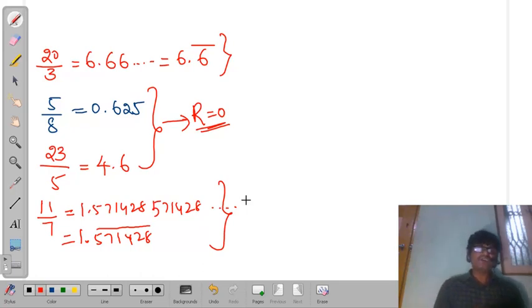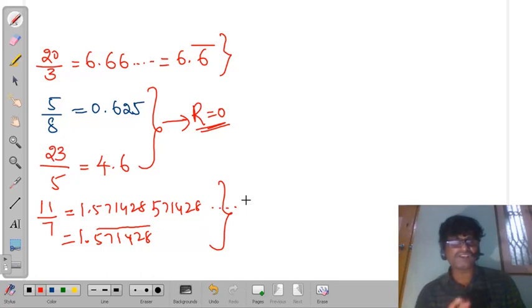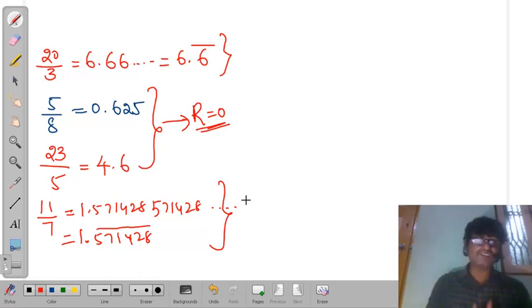So from that we can conclude that when you take the decimal expansion of rational numbers, you may get remainder 0, or a block or a string of numbers getting repeated.